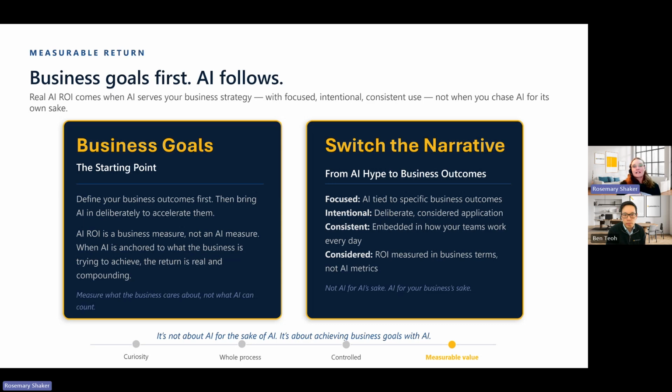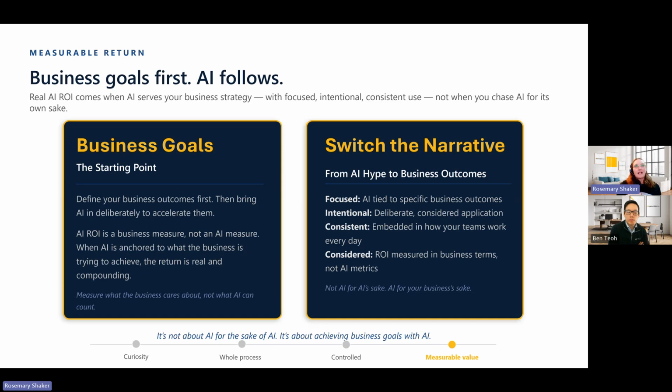So what is it that, as a business, we're trying to achieve first, and then deliberately bringing AI in to support that business outcome? And then our AI return on investment isn't how much time we spent using AI, it's actually did we meet the business measure.